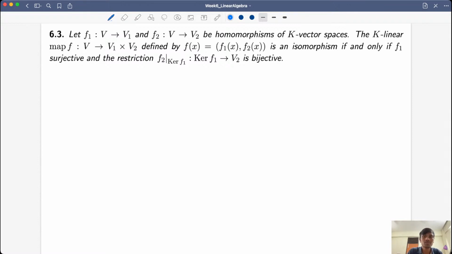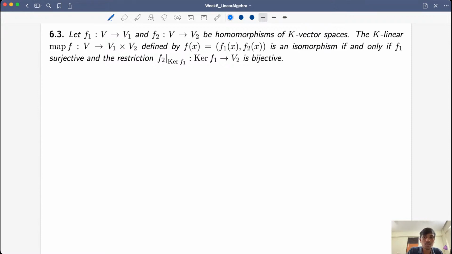This is an isomorphism if and only if f1 is surjective and the restriction of f2 to the kernel of f1 is bijective. So it is again like an isomorphism, that means it is injective and surjective. Linearity follows since both components f1 and f2 are linear, so f is also linear, so that is not a problem.